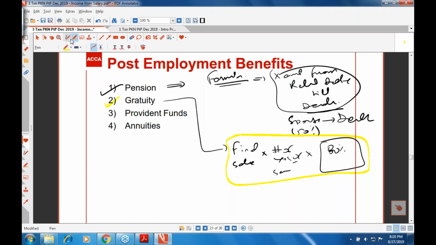The third thing is basically called Provident Fund. What exactly is the Provident Fund?